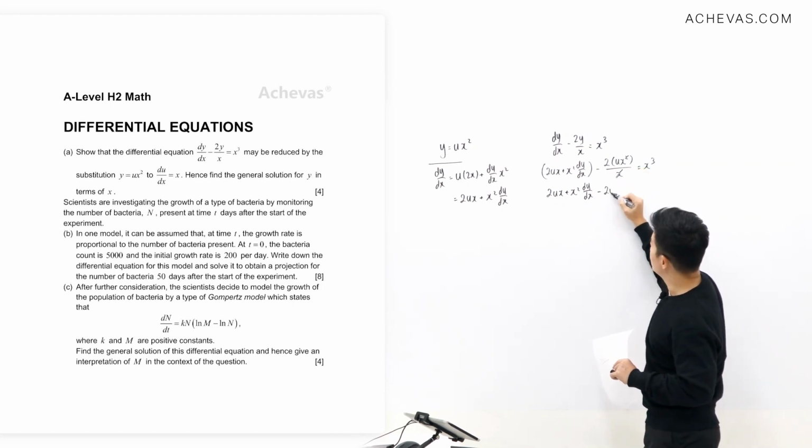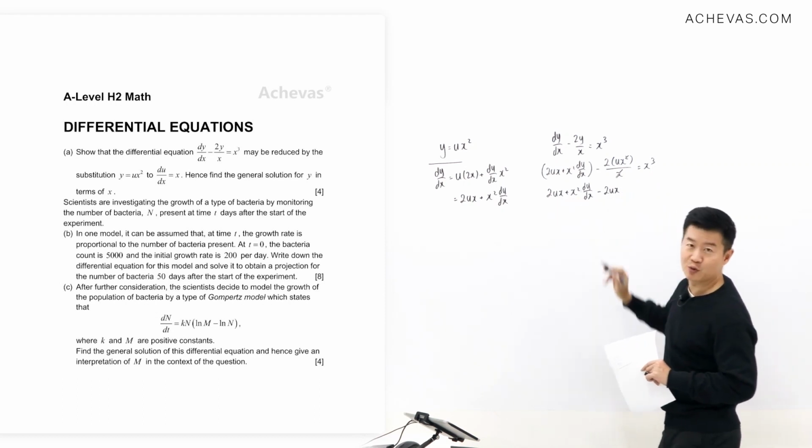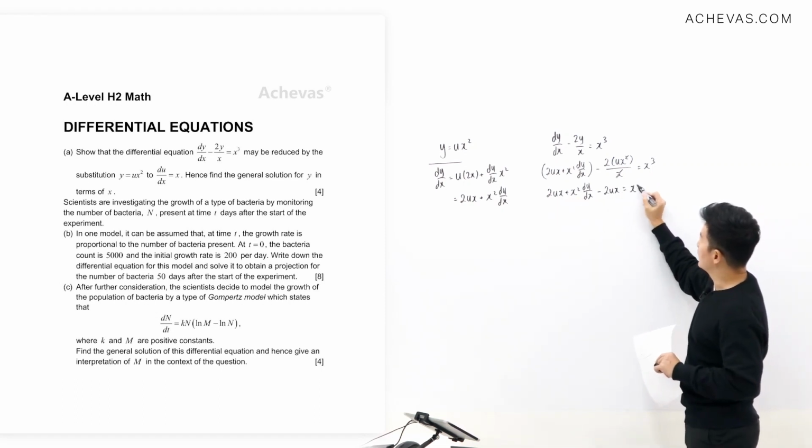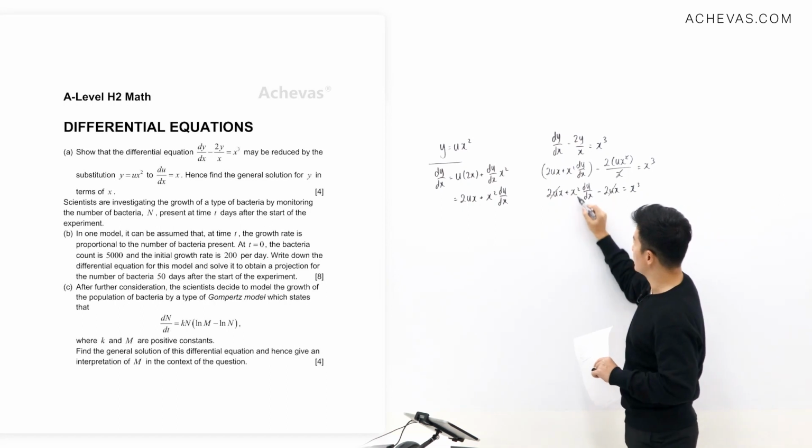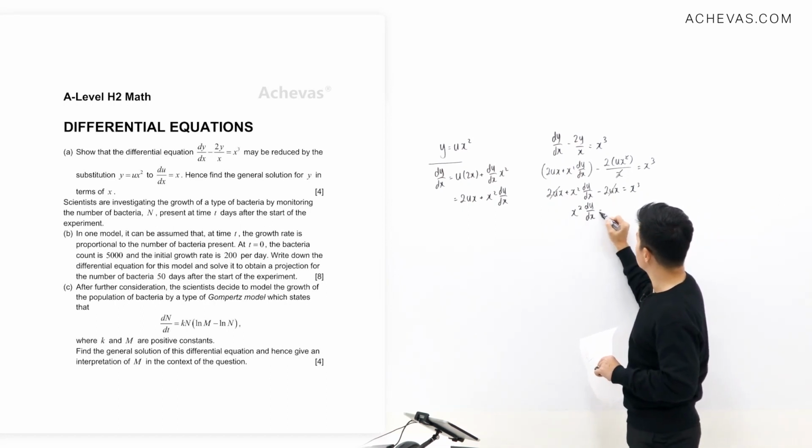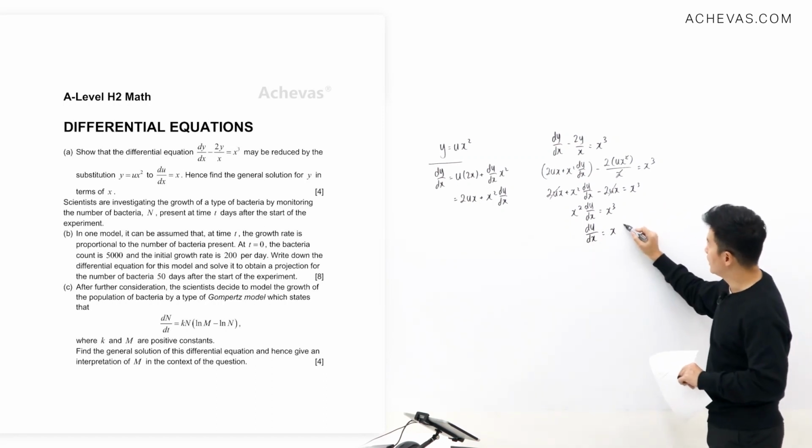So we have another 2ux here, which will be removed. This is equal to x to the power of 3, and since this will be removed, I will be getting x squared du/dx. This is x to the power of 3, so du/dx is going to be equal to x, and this is what the question requires us to show.